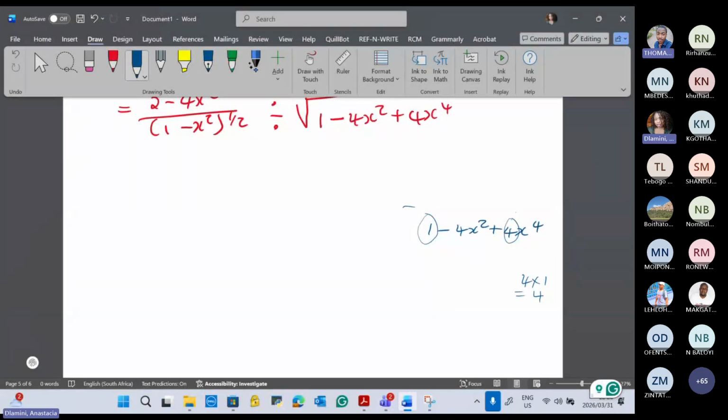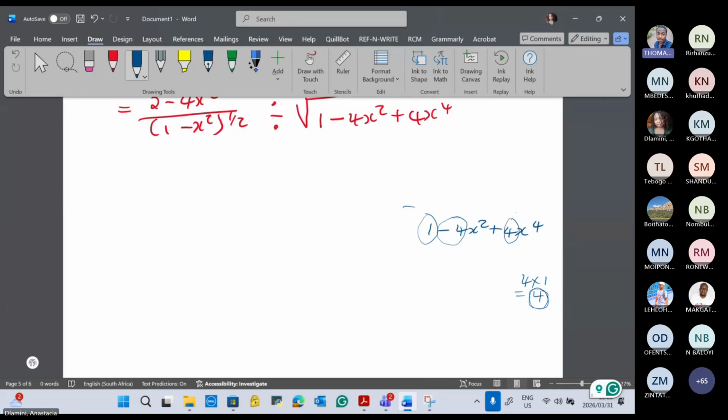After timesing those numbers, I go and check what numbers, such that when I times them, they give me positive 4. But when I add them or subtract them, they give me the middle number. What are those numbers?